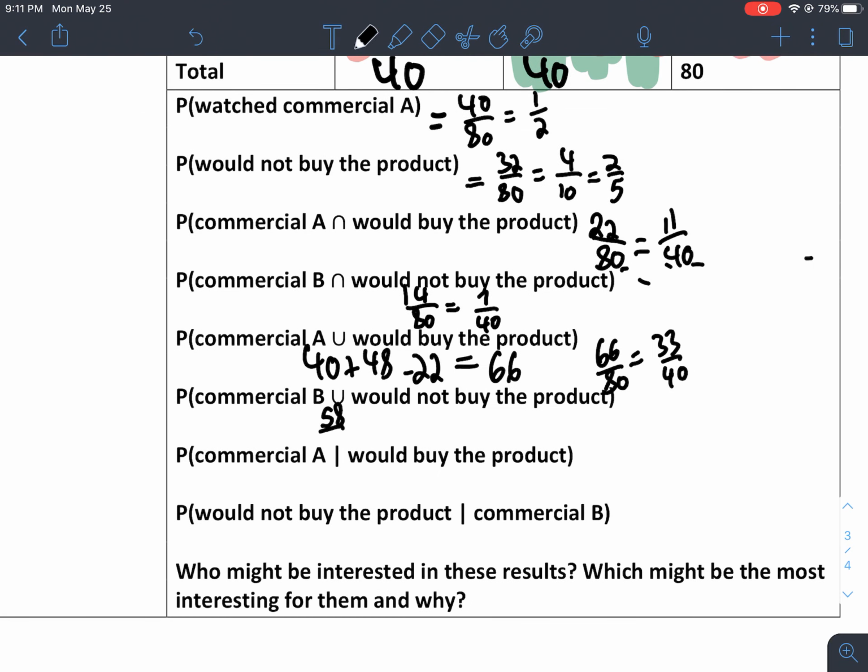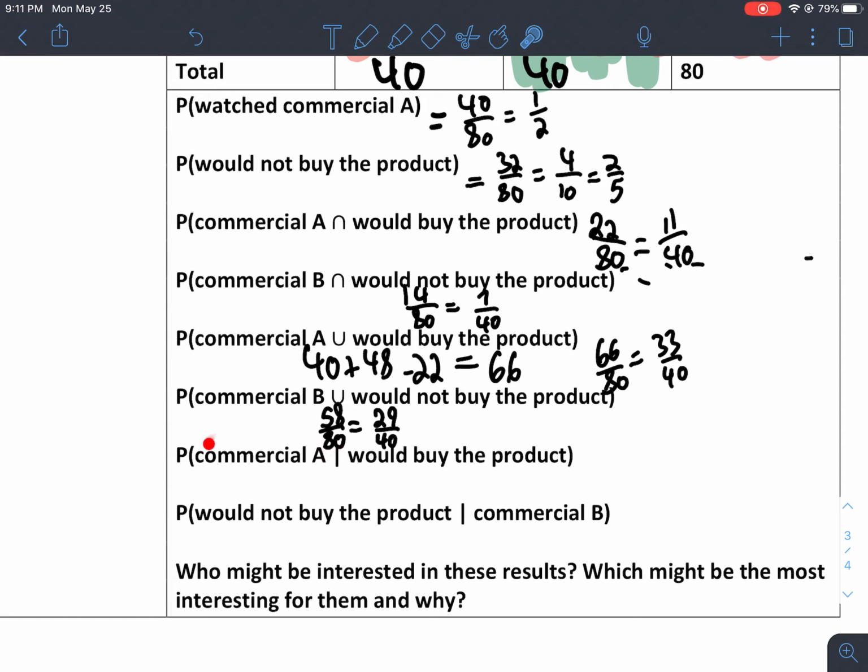So I know that 58 out of 80, or 29 out of 40. Yeah, it's been a long week. 29 out of 40 either watched commercial B or would not buy the product, or both. Now we're getting back to conditional.